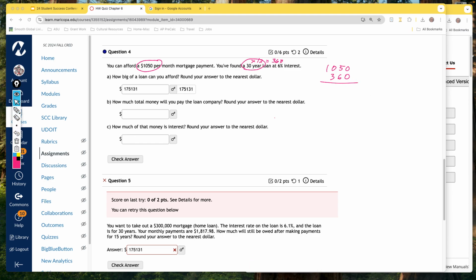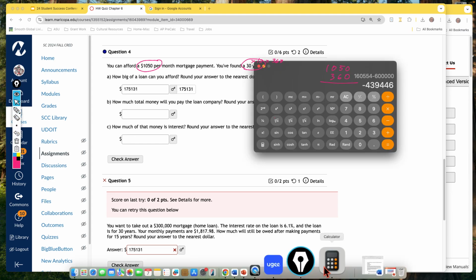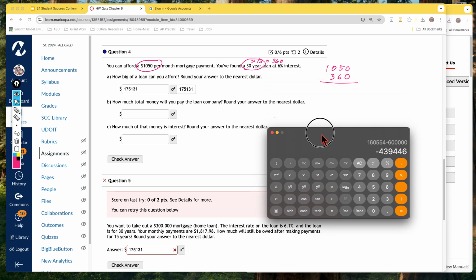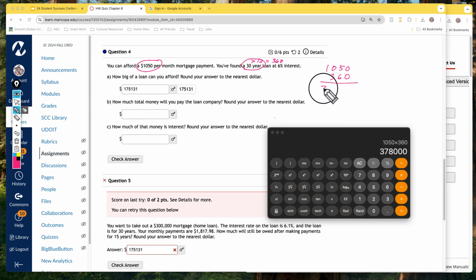That will give us the total we've paid. $378,000 even. So that's what goes into here.